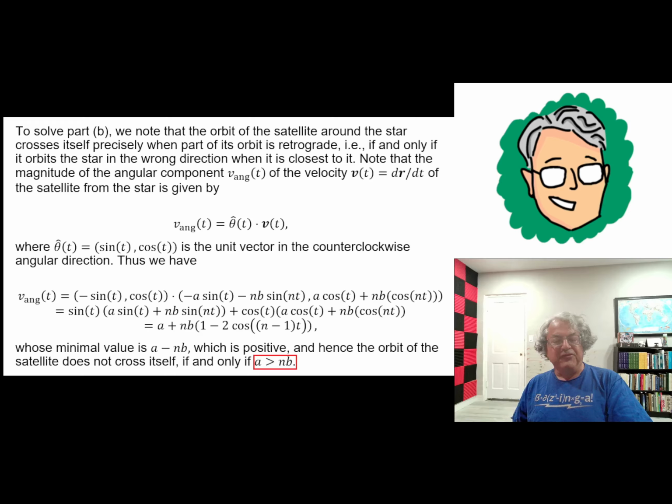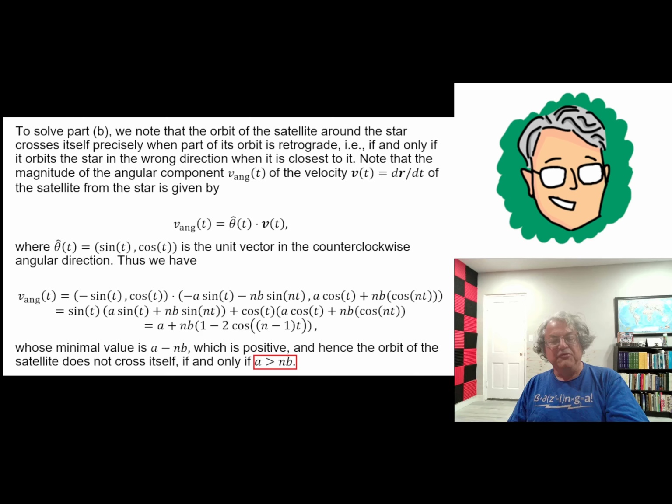And we want this to be non-negative. When you do the calculation and simplify everything, what you get is a plus nb times the quantity 1 minus 2 cosine of n minus 1 times t. And I think you'll notice that we want to minimize this. We want to find when the angular velocity of t is minimum, could possibly be negative.